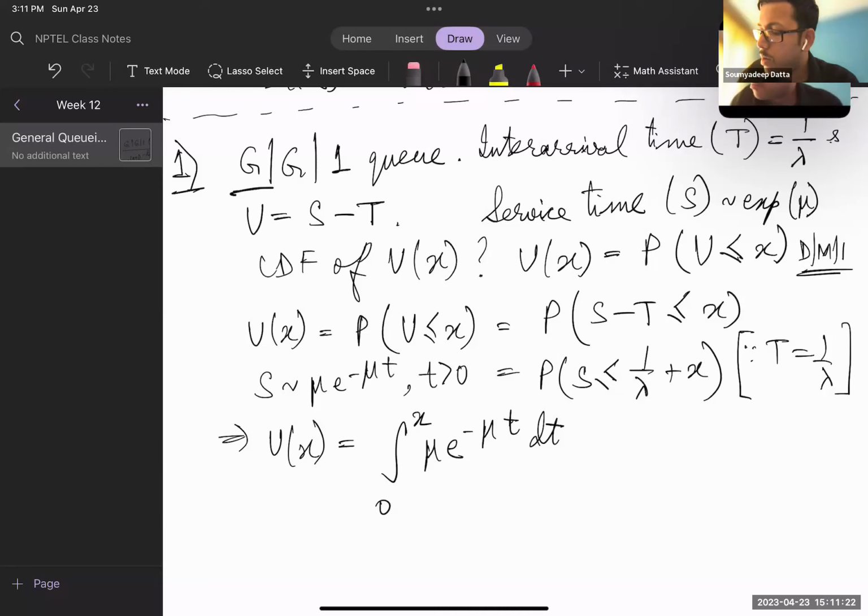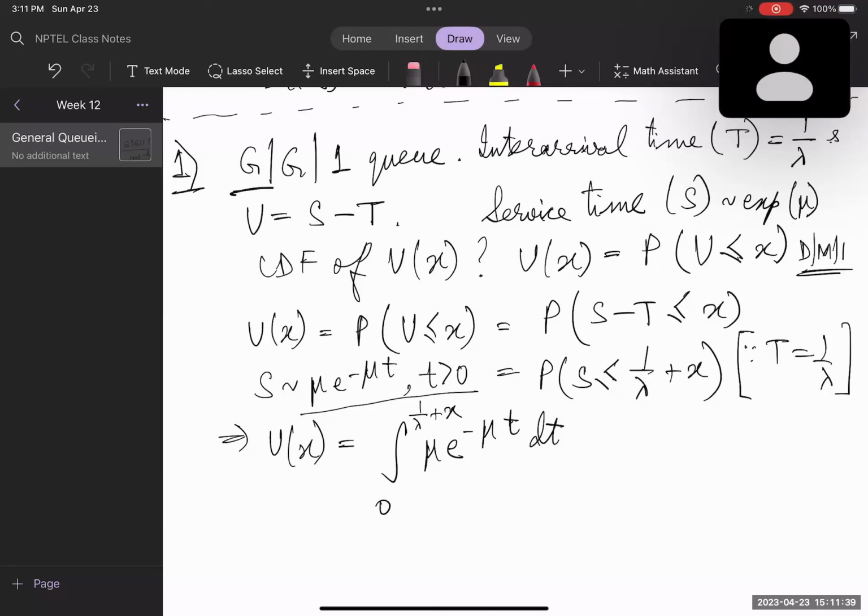So this is the PDF of S, and I'm integrating the PDF from 0 to, it shouldn't be X actually, because this is the probability that S is less or equal to 1 by lambda plus X. So this should be 1 by lambda plus X, right?